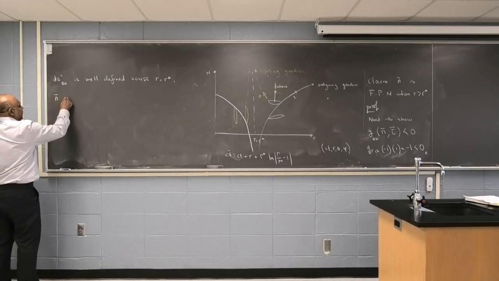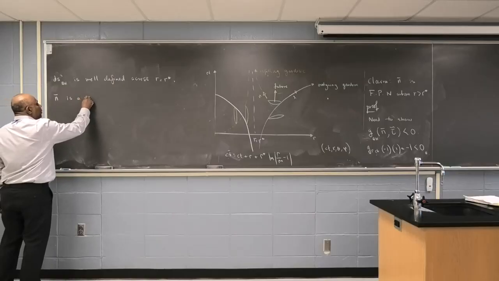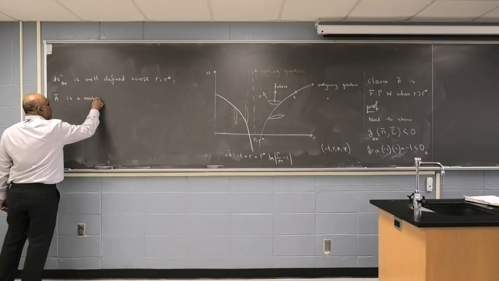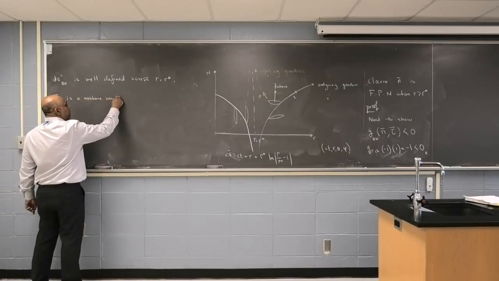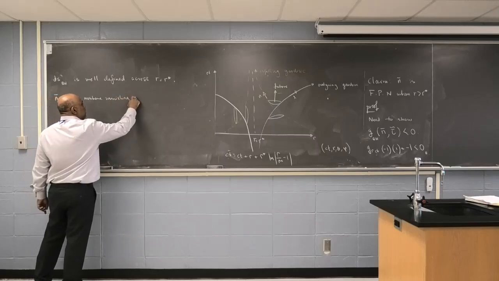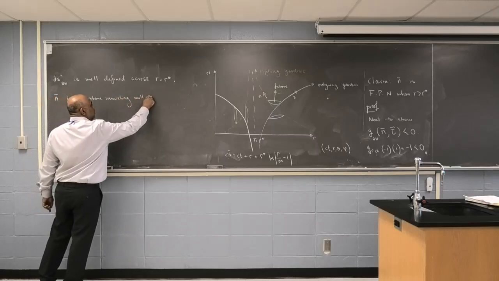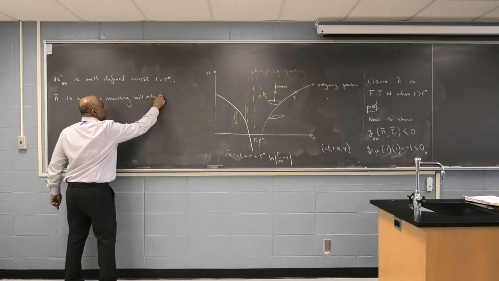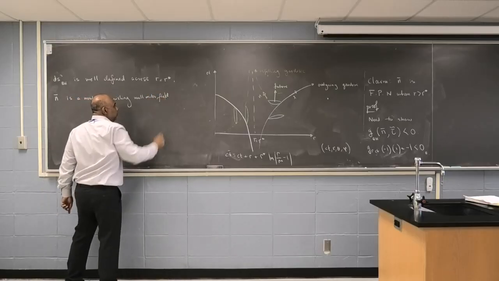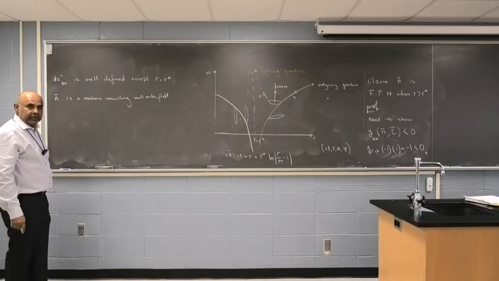Okay, so N is a nowhere vanishing null vector. Correct?